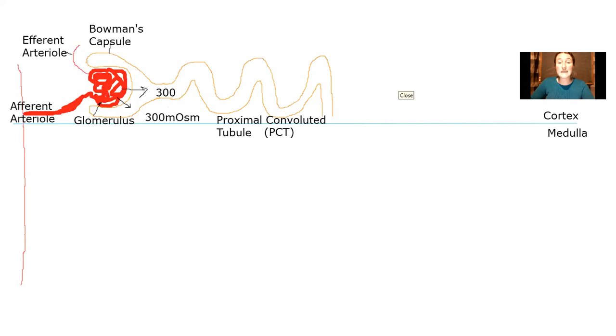And so the efferent arteriole is skinnier than the afferent arteriole because we want to have as much filtration as possible, right? We want to push as much stuff into the renal tubule as we possibly can.